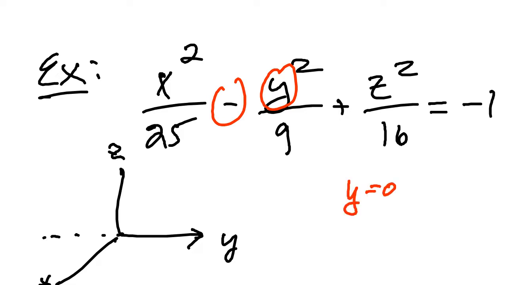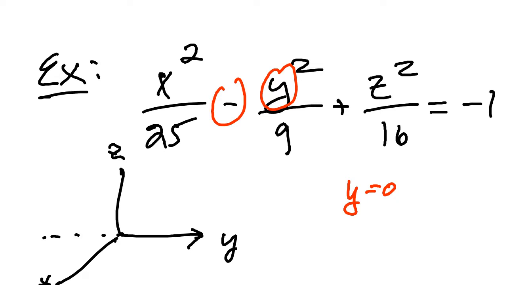If we let y equals 0, then essentially I would have a circle if this ends up being equal to a positive number, but it doesn't, so I don't have anything there, right? So y has to be big enough. So when does y get big enough?